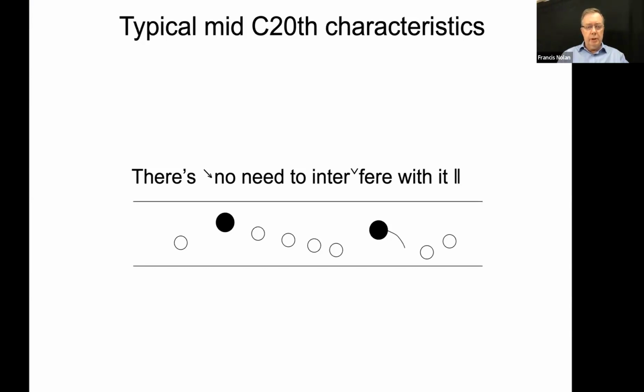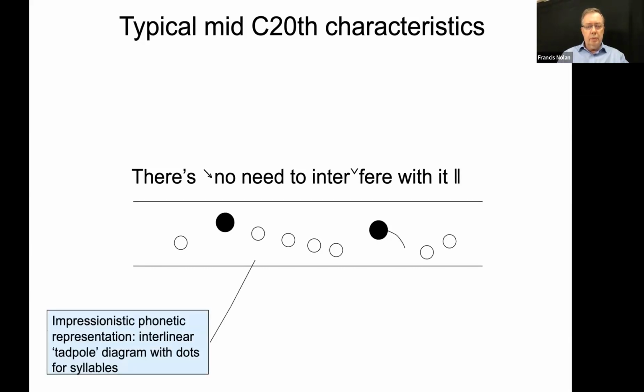If you take an utterance like this, there's no need to interfere with it. Then you can see that there's a phonetic representation, an impressionistic representation, rather like a musical stave, but without the lines, and dots for each syllable, and some distinction between stressed syllables, here the black dots, and unstressed syllables.